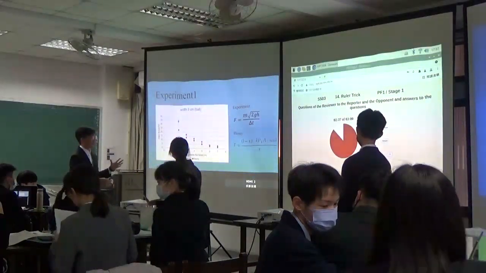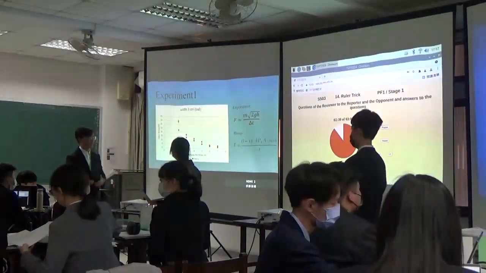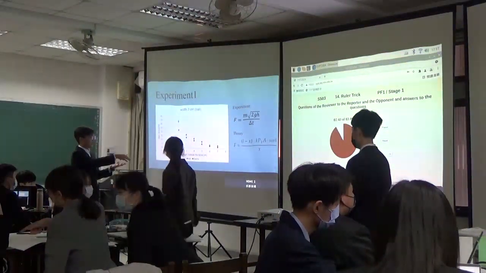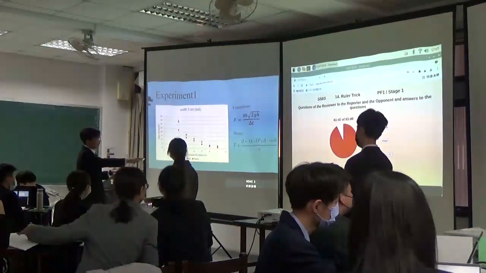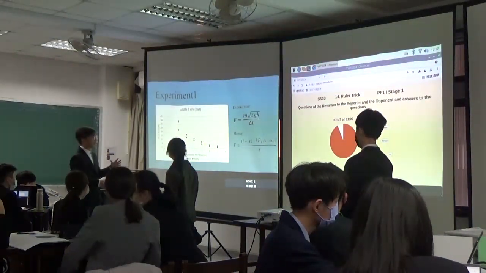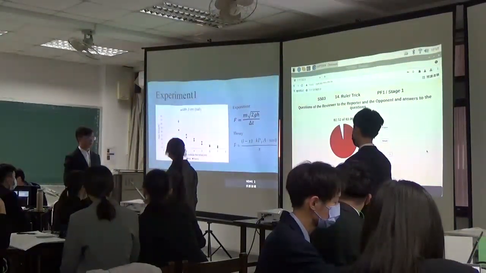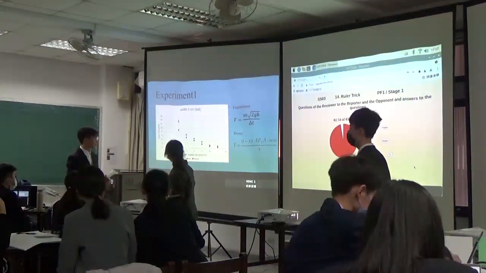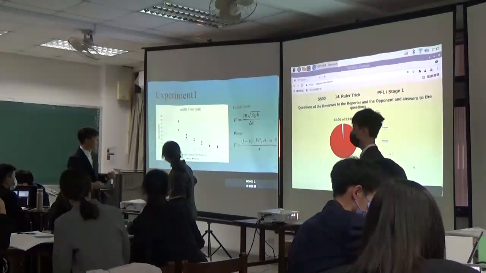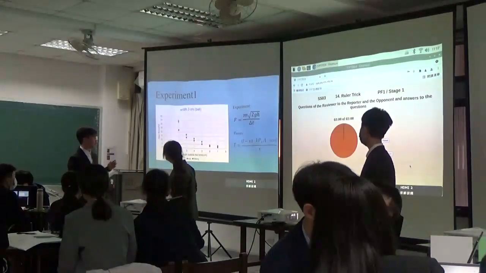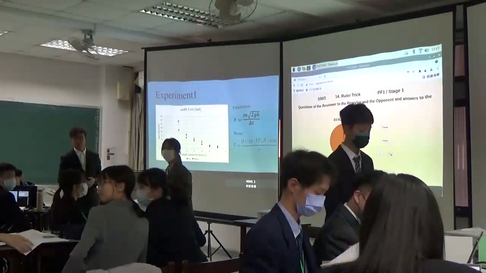Because we cannot be really precise, there will still be some differences. But as the trend goes down, the gap and the error get less. At 1 centimeter, there are errors too. Sorry, I have to cut it short.